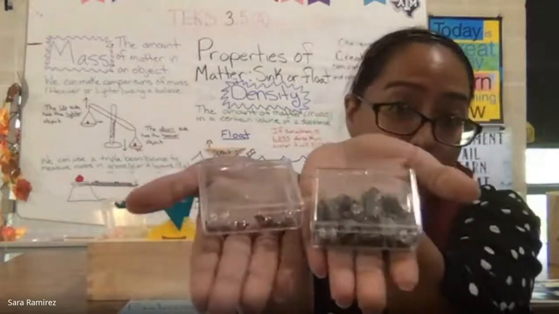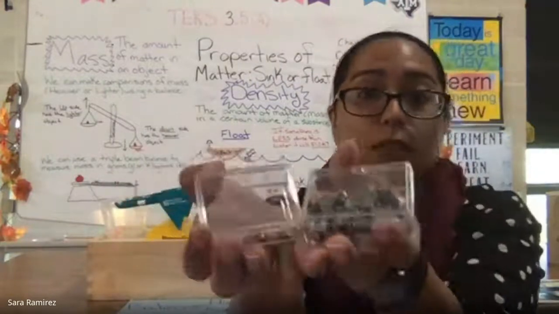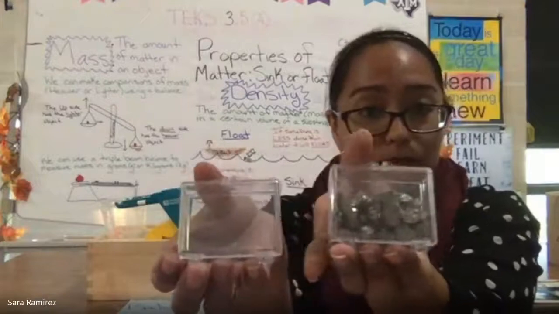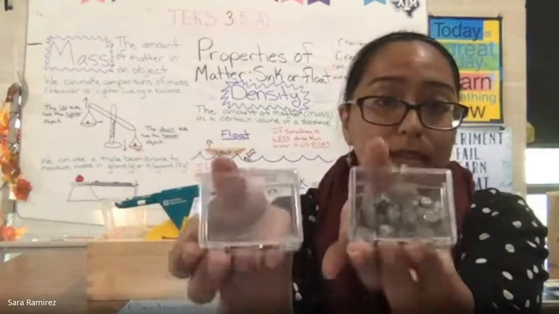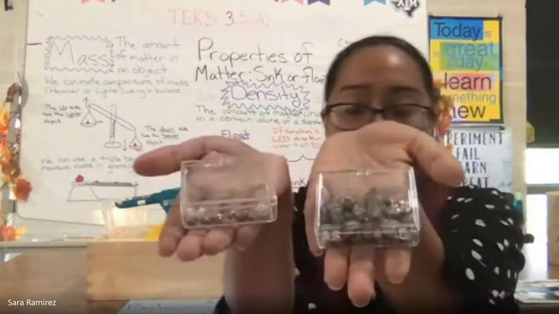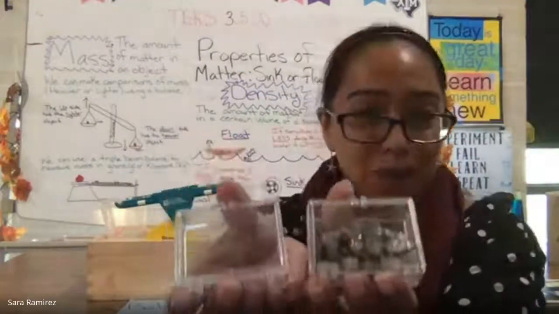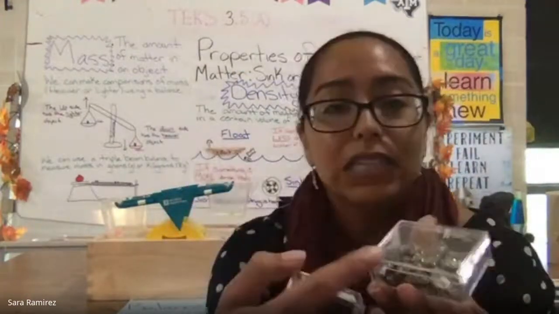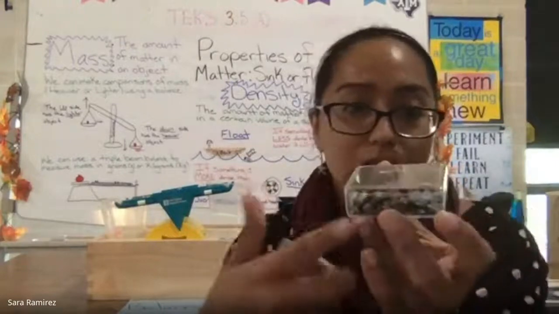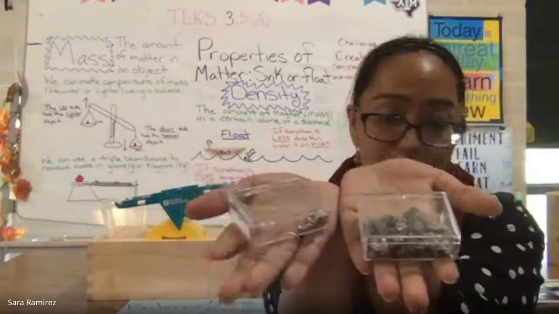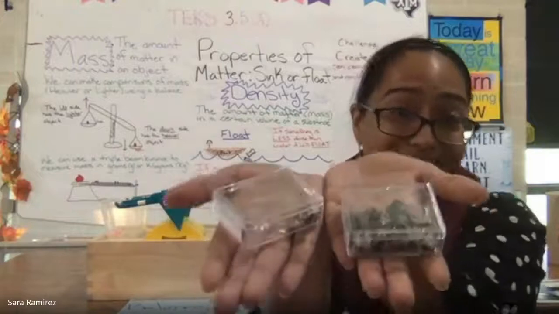It has more matter inside of it. The volume is actually the same for these. They take up the same amount of space. And to find the volume of a box, the mathematical way is just to multiply the length times the width times the height. So that's a comparison of the mass, volume, and density of these 2 boxes.